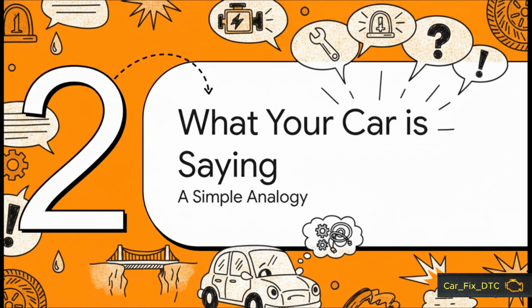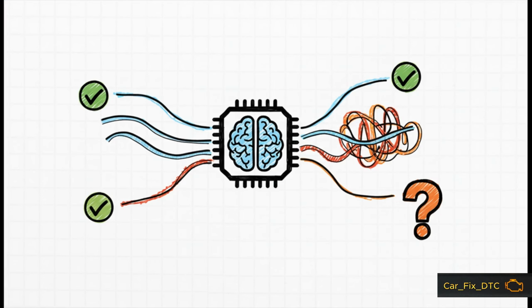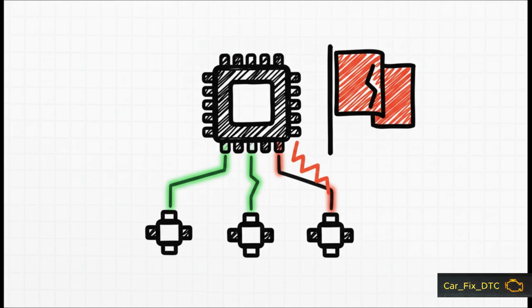Okay, so the technical definition is one thing, but let's make this way simpler. What is your car really trying to tell you? I've got an analogy that makes this crystal clear. This really gets to the heart of it. Just picture a communication breakdown. You've got the main brain trying to make all the important decisions, but it's getting confusing, conflicting signals from its network of nerves. So let's break that down, right?